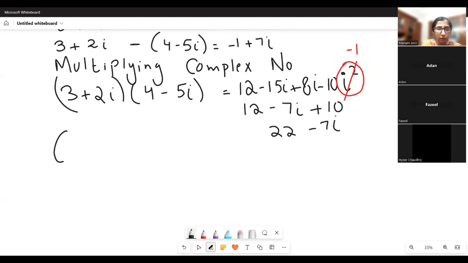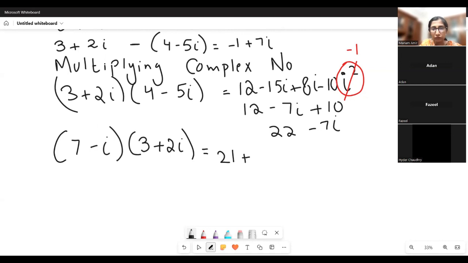Another one, 7 minus iota times 3 plus 2 iota. So that would be 21 plus 14 iota minus 3 iota and then minus 2 iota square.